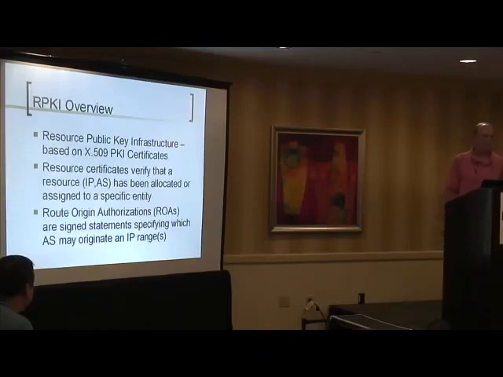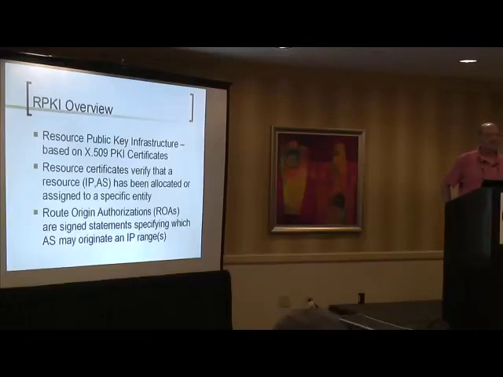I'm not going to really do a deep dive into RPKI. There's too much to cover, really, but the basic idea is to use public key cryptography with X.509 certs, which have extensions to cover IP addresses and AS numbers, both v4 and v6 addresses.